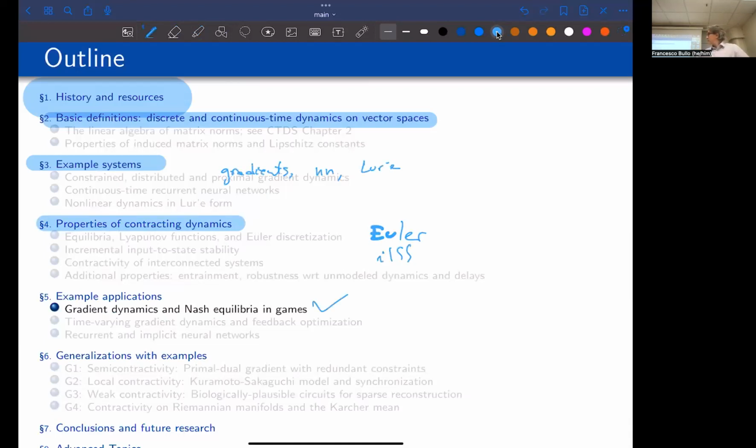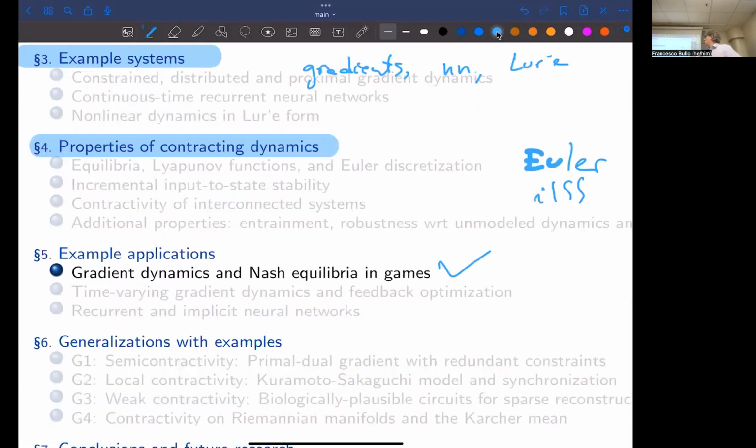And then we've looked at Nash equilibria as an example application of the network contraction theorem. So now I would like to show you an example application that will come with even new example systems for using the incremental ISS property.